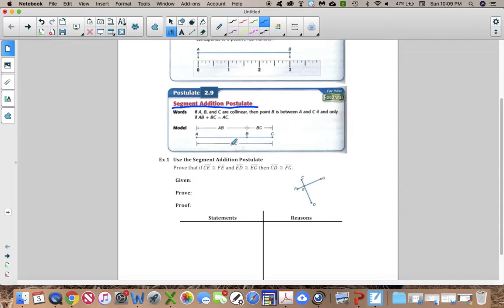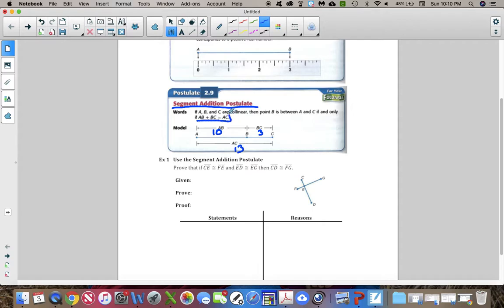Basically, if I have a line segment AC and B is somewhere between A and C, not necessarily exactly in the middle, then if I take the length from A to B and add it to BC, that makes up the length of AC. If AB has a length of 10 and BC has a length of 3, then AC is going to have a length of 13. AB plus BC is going to be the entire length of AC. That's just what the segment addition postulate says.